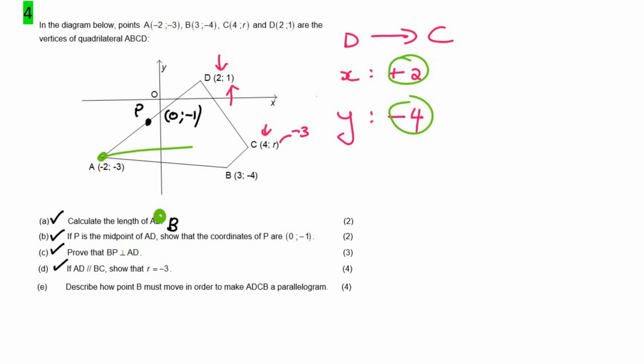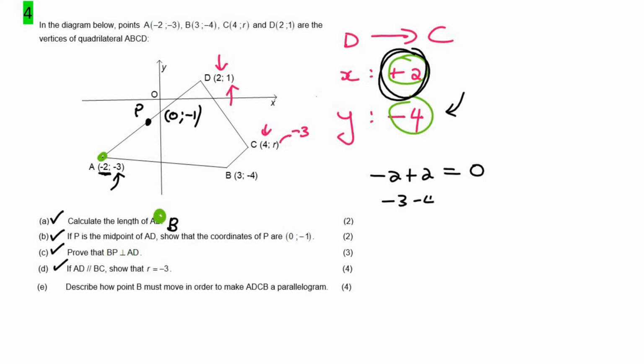So we can go 2 to the right and then we can go 4 down, and that is where B would be, and we could easily get B's coordinates. So we take this minus 2 and we add 2, and so minus 2 plus 2 is 0. And then we take this minus 3 and we subtract 4 because we need to move that point 3 down, and that's going to give us negative 7.